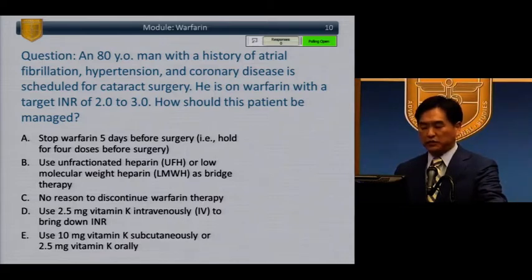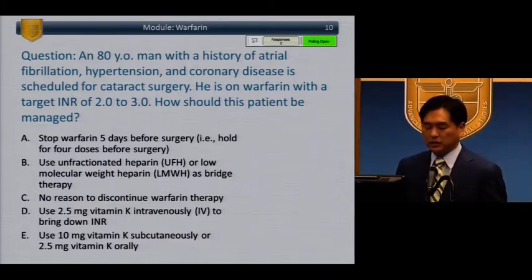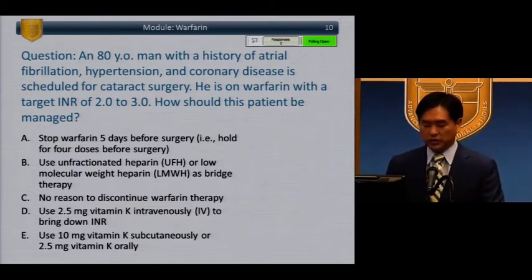B, use unfractionated heparin, or UFH, or low molecular weight heparin as a bridge therapy. C, no reason to discontinue warfarin therapy. Or D, use 2.5 milligrams vitamin K intravenously to bring down the INR. Or E, use 10 milligrams of vitamin K sub-Q or 2.5 milligrams vitamin K orally.